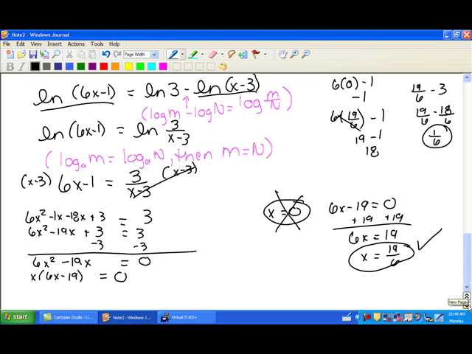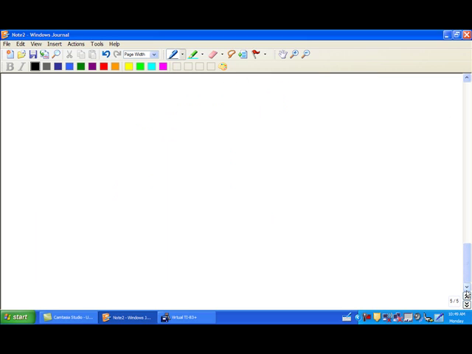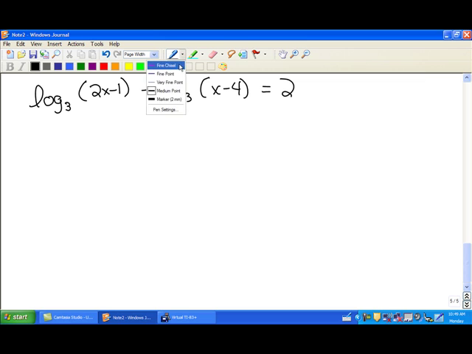Let's look at one final example. Let's look at if we have log base 3 of 2x minus 1 minus log base 3 of x minus 4, and set that equal to 2. We have 2 logs in the same problem, therefore we need to use the properties.